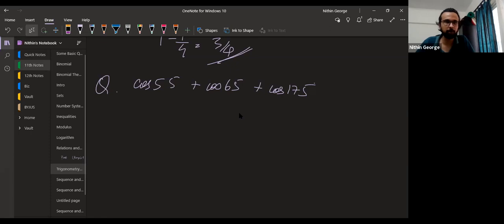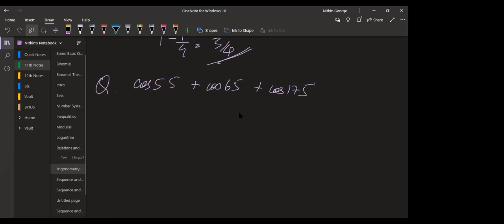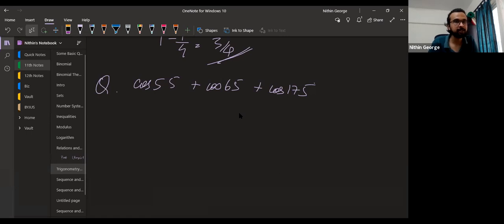Guys, any suggestions? What can you do here? We need to pair up two of them and use an identity. Pair up what terms?